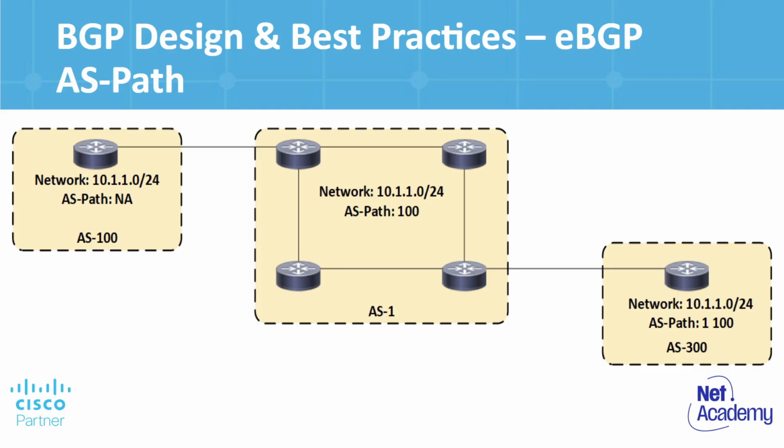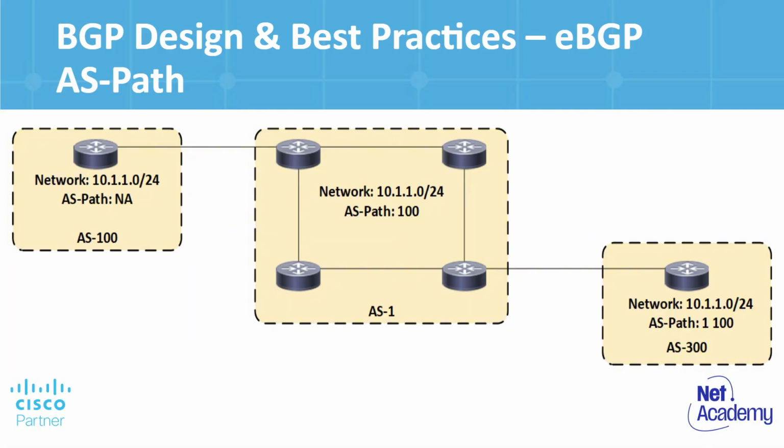AS100 is originating a network, 10.1.1.0/24. And it is directly connected to a router over in AS1, right? So if we look at the BGP process on that router in AS100, we will see that there is no AS path. Why? Because I don't need my own AS path in the path. There's nothing to check there.